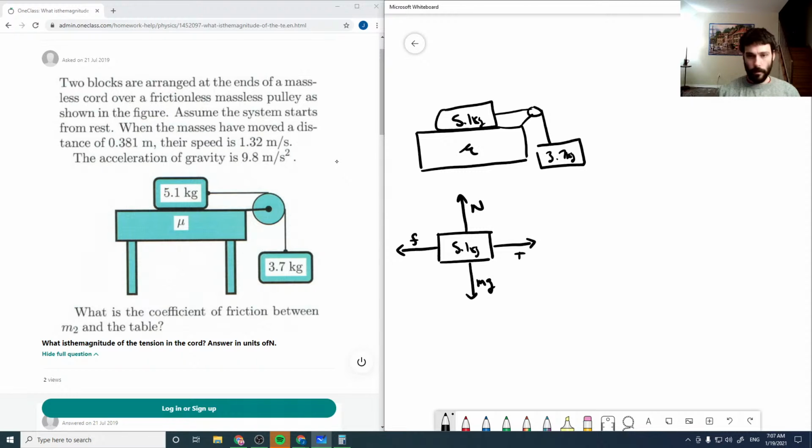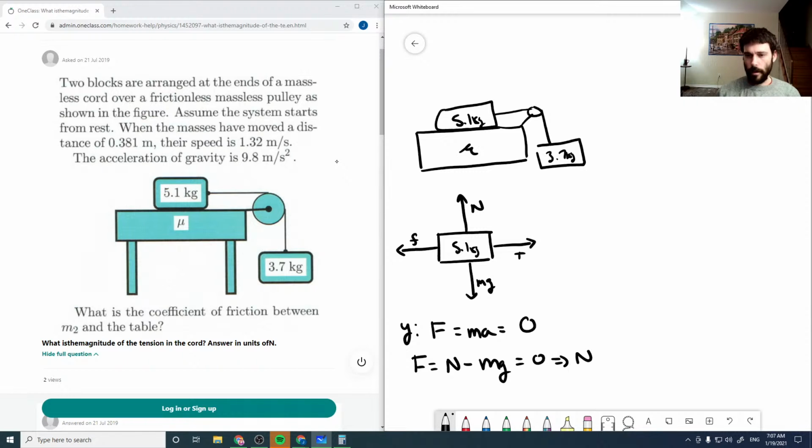So in the y direction, really nothing's going on, so it's not accelerating in the y direction, so that's 0. Our forces, though, are the normal minus mg, which equals 0 from above.